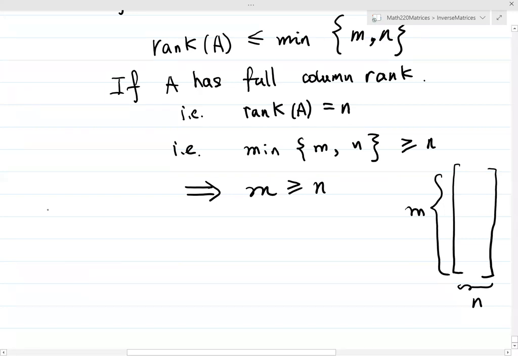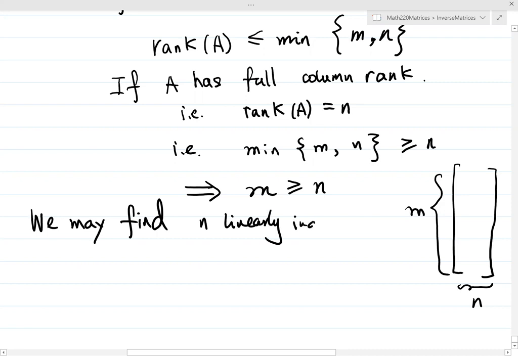So we may find n linearly independent row vectors. By row operations, we can switch the order or position of rows, and then use row operations.